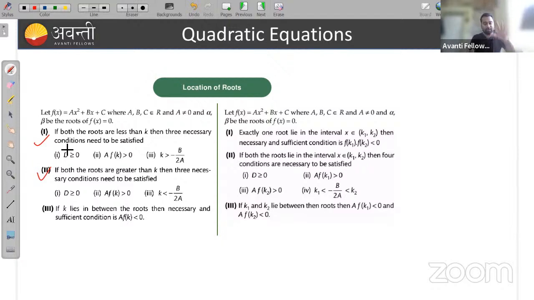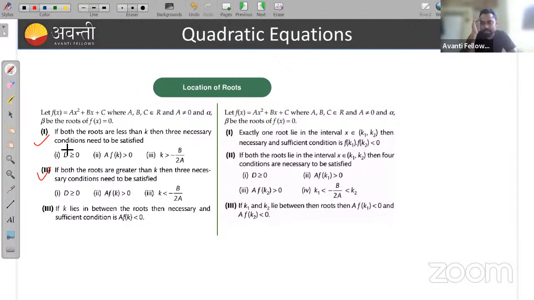If you are not comfortable or not clear about all the theories, you can go through any textbook or standard books and study. Or just go through YouTube, you will get a lot of one-shot videos. There you will get all the theories on quadratic equations. Actually, 80 questions were asked in the last 3 years in quadratic equations.